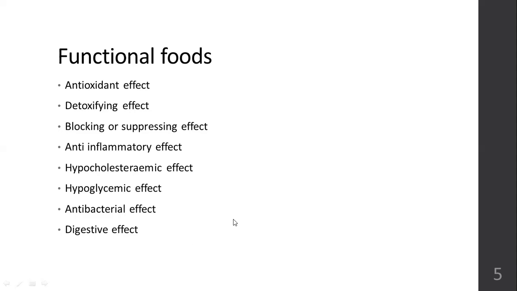Then digestive effect, all fiber rich food, fermented food, and if you have indigestion, okay, we all know we use ginger, kind of a home remedy, ginger, asafoetida, that is hing, ajwain, okay, fennel seeds.